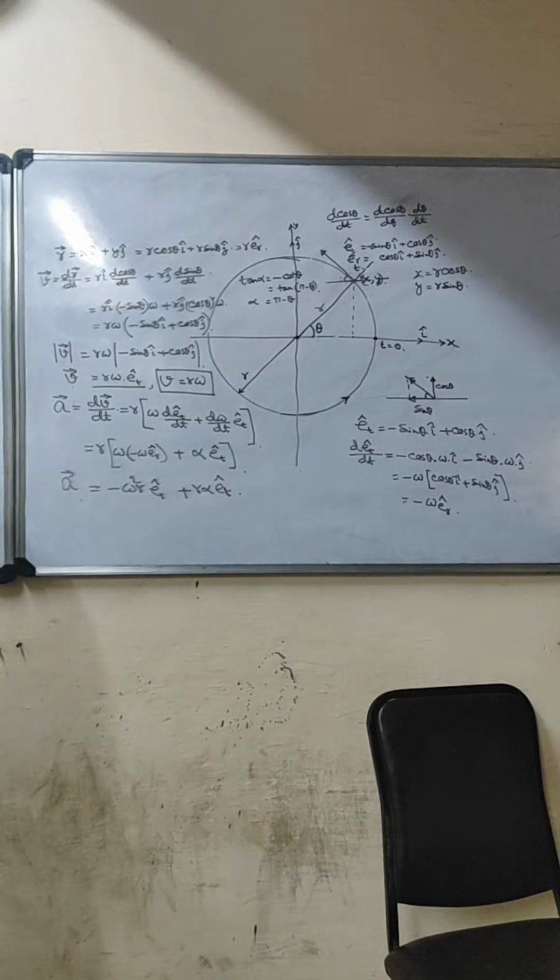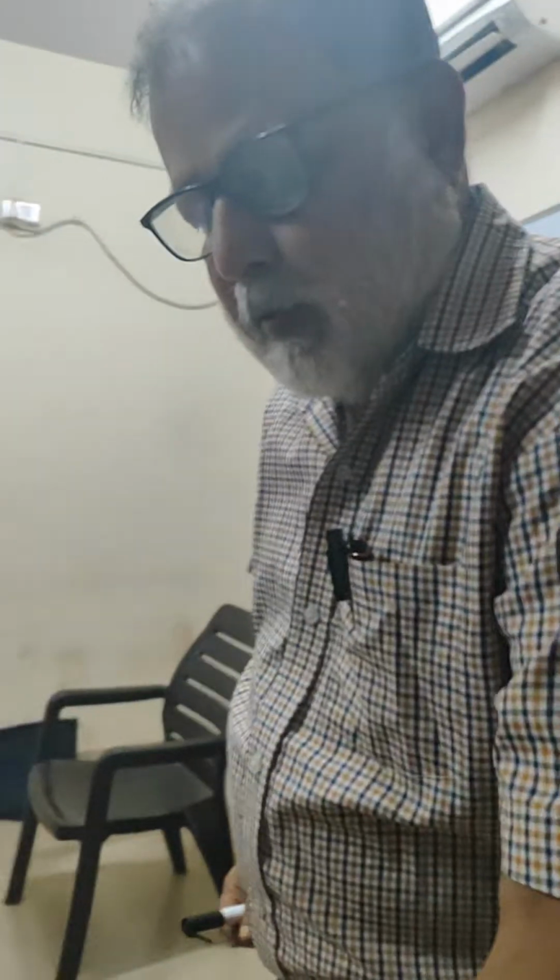So in general, in a circular motion, when the particle is rotating, there can be two different accelerations, rather two components of acceleration, as our calculations suggest.